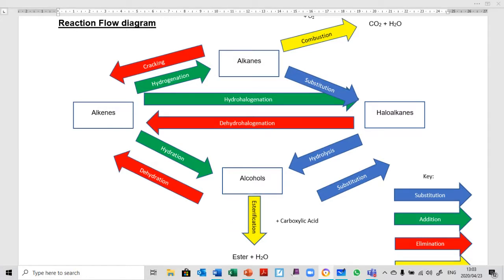Okay, guys? Again, this is a summary of all the reactions. This is not meant to take away from you studying each individual reaction.